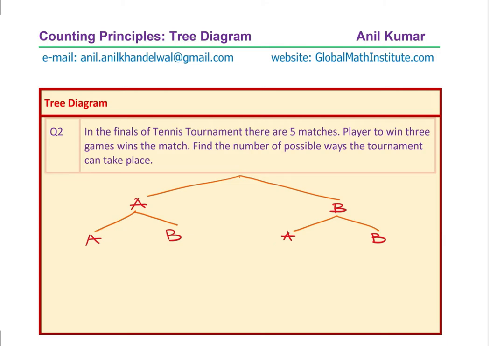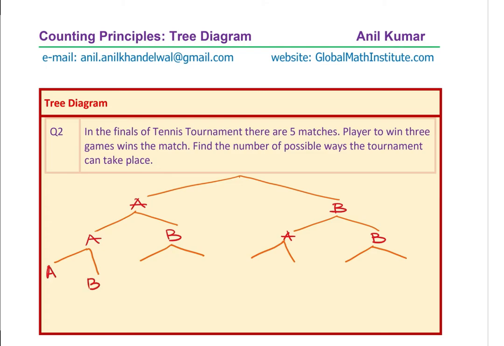No winner yet, since the maximum games won is just 2 by any individual at this stage. So we'll go for another round. And at this stage, you can see we have a clear winner, A, if A wins the first 3 games.